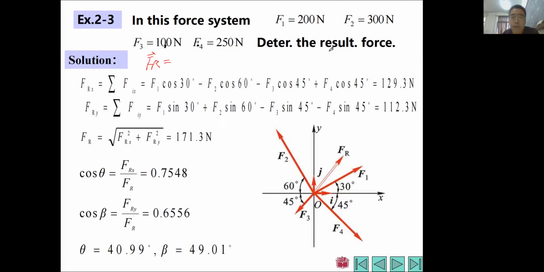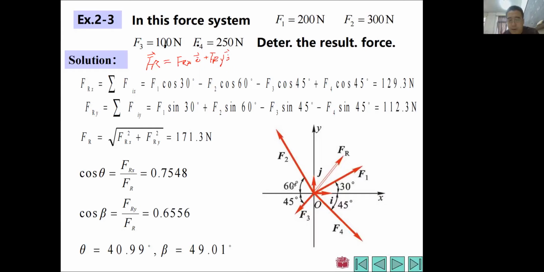So actually, we know the resultant force Fr will equal Frx along the x direction, right? And the other component will be Fry along the y-axis, right? So it's a typical vector. All we have to do is use this method to find Frx and Fry respectively.